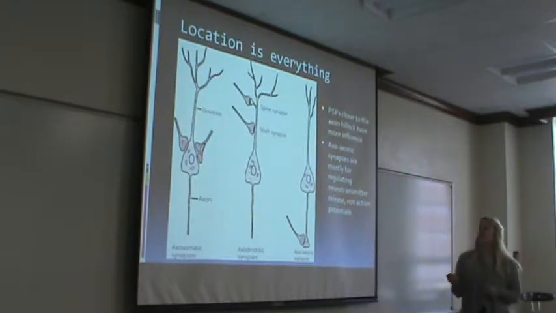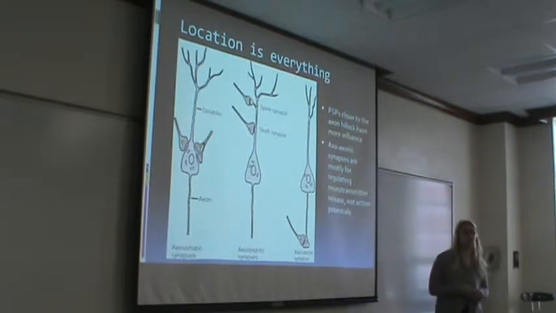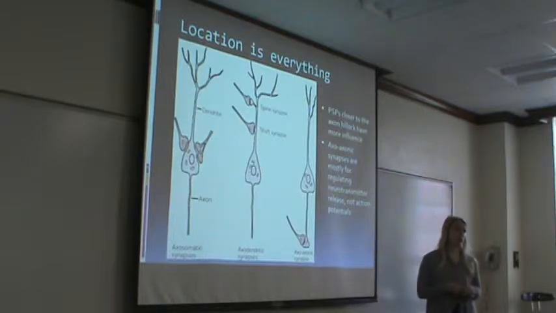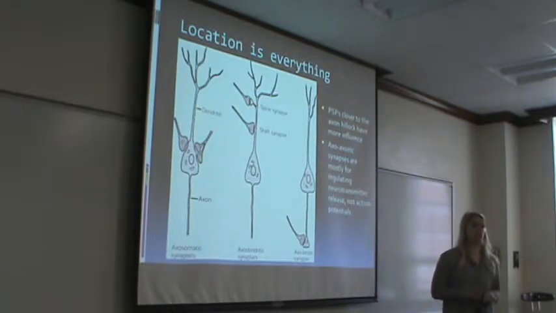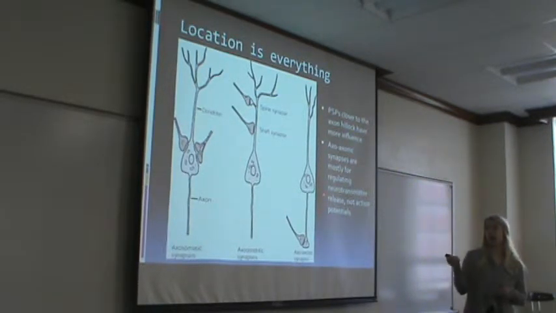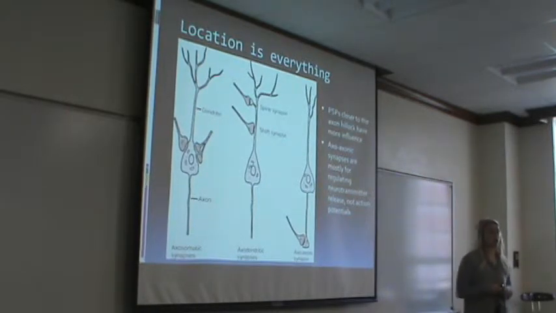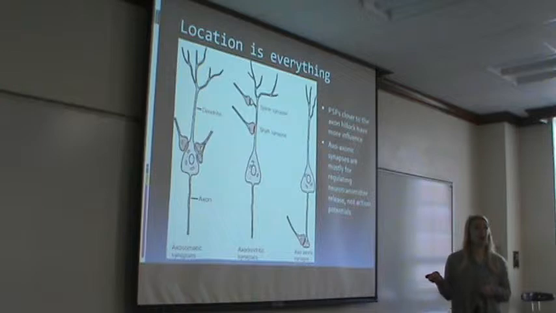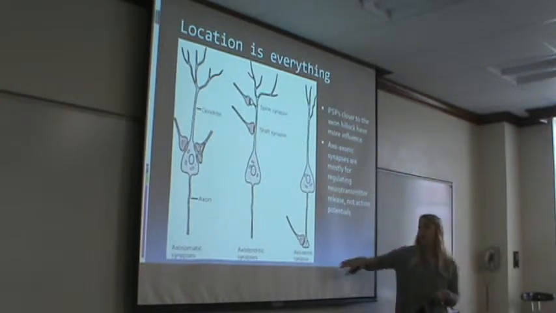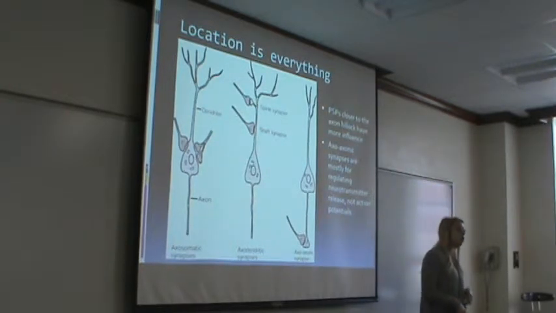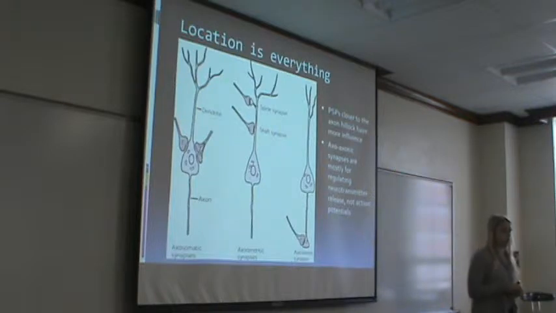And then finally, you can have axo-axonic synapses, which actually means that you're having one axon synapse onto another axon. And so this, of course, is not at all going to decide whether the axon hillock is going to trigger an action potential or not. But what it can impact is the amount of neurotransmitter release or if there's going to be neurotransmitter release.